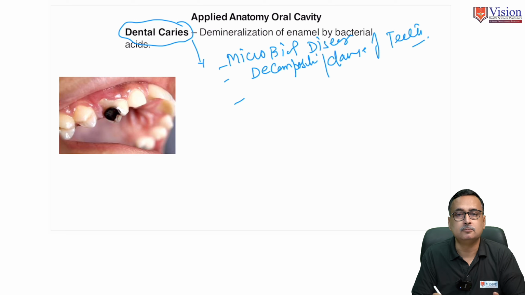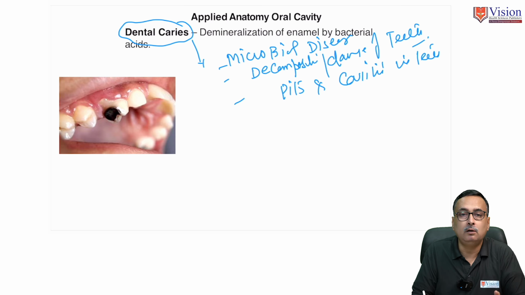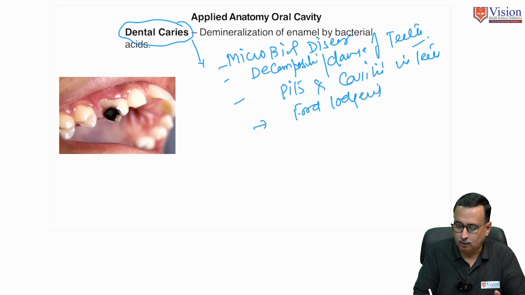As a consequence, dental caries can cause pits and cavities in teeth. This contributes to food lodgement in teeth.